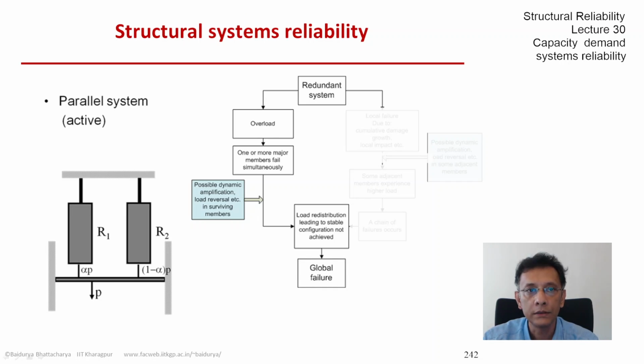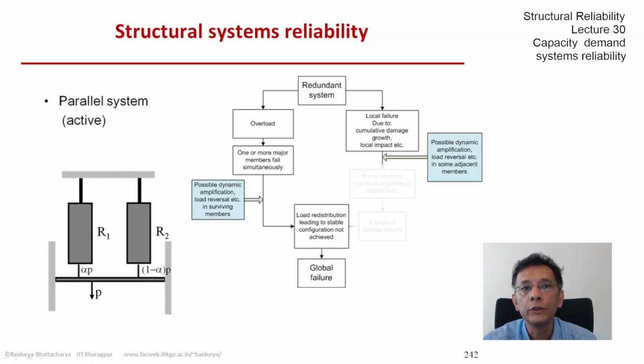On the other branch, we could have, for the redundant system, a local failure. This local failure could involve one member, two members, due to cumulative damage. For example, a member may have increasing corrosion or increasing crack size, and then finally it's not able to take that load under normal operating loads, and there is that local failure.